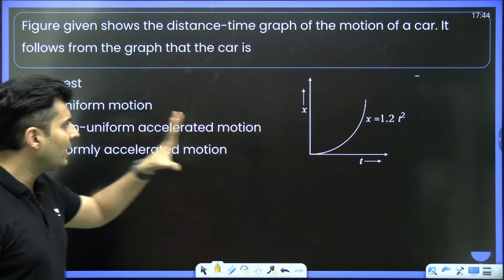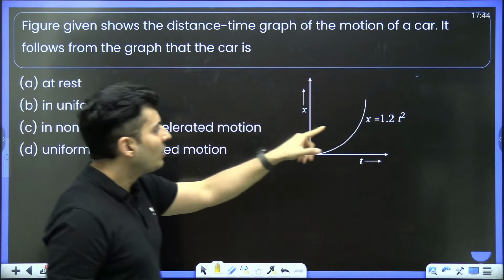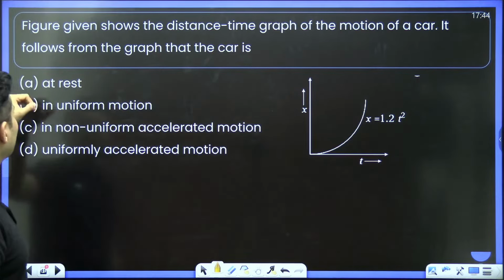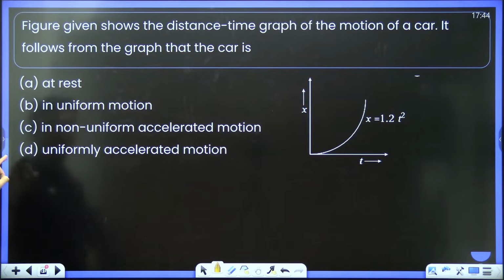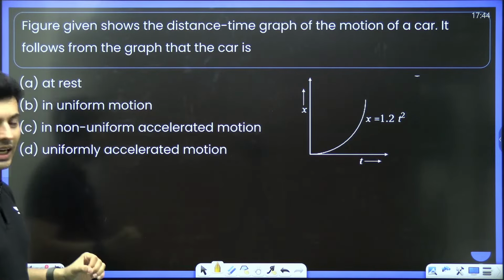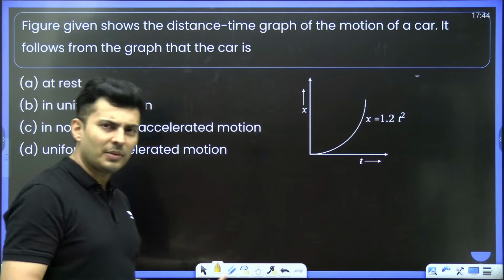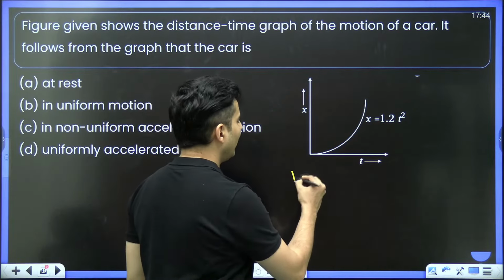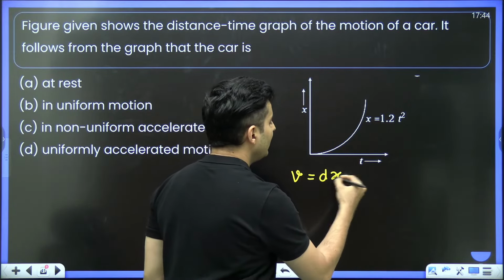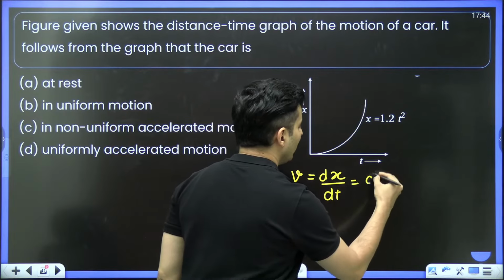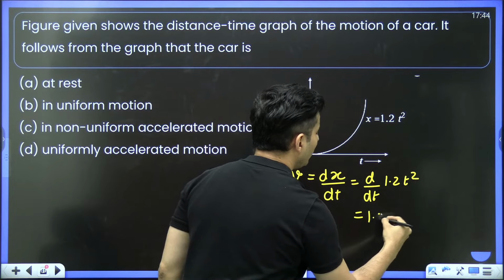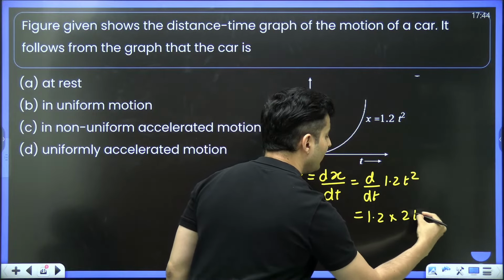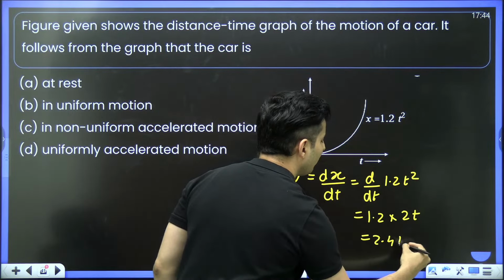This question, a graph is given, the equation of x is given, and the question asks whether the body is at rest, moving with uniform motion, non-uniform accelerated motion, or uniformly accelerated motion. I think the best way is to use derivatives. Velocity is basically the derivative of x. So it will be the derivative of 1.2 t square. 1.2 is as it is, t square's derivative is 2t. So this will be 2.4 t.